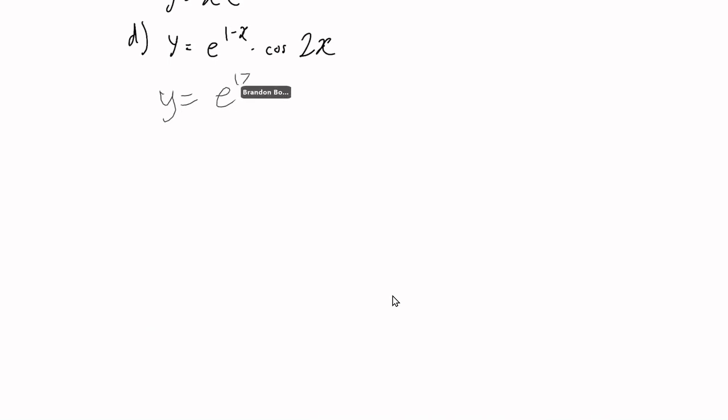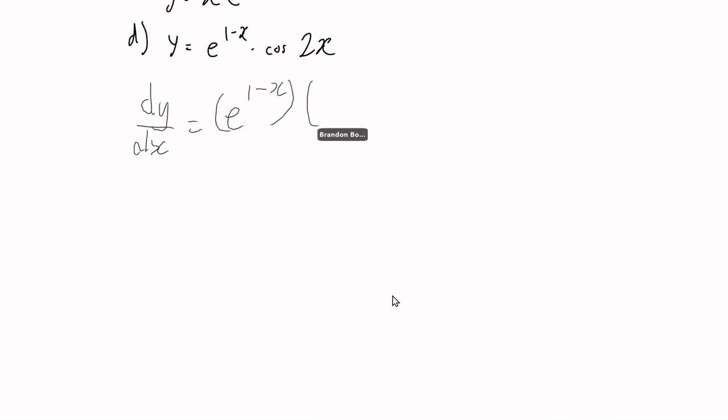Copy paste, times cosine 2x. Differentiate, it becomes negative sine 2x, then times 2. Yes, exactly.